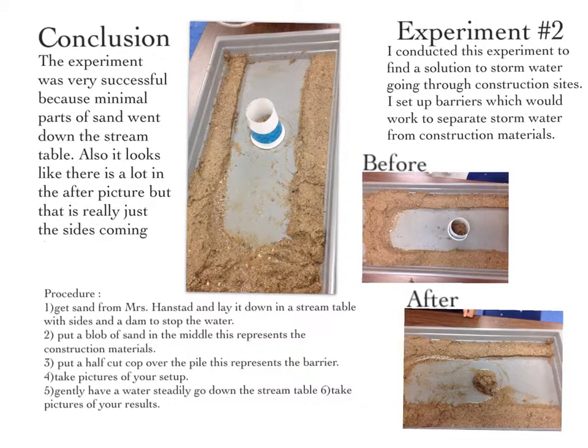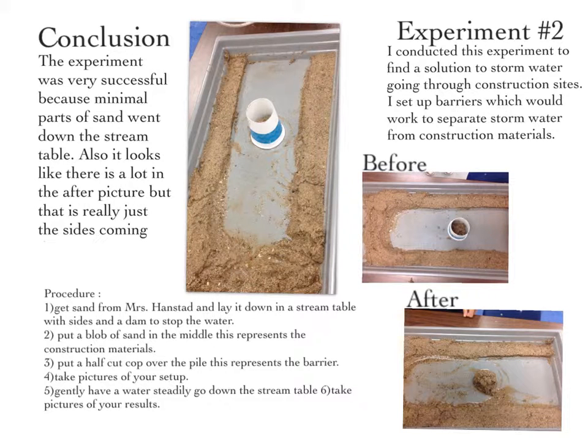Third, you need to put a half cup over the pile. This represents the barrier. Fourth, you need to take a picture of your setup. And fifth, you have to gently and steadily have water go down the stream table. And finally, sixth, you need to take pictures of your result.